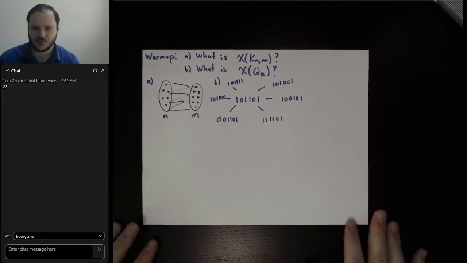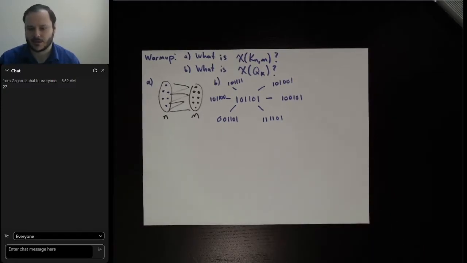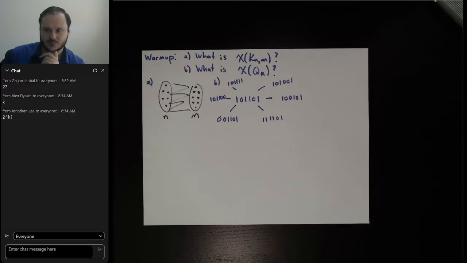This is a tricky one. I want to give you a minute to think about it. Then I'm going to tell you the answer, and I'm going to see if you can figure out why. Any guesses? It's okay if you're wrong. What are some things that it could be that seem reasonable? K, 2 to the K. So 2 to the K, definitely a reasonable guess, right?